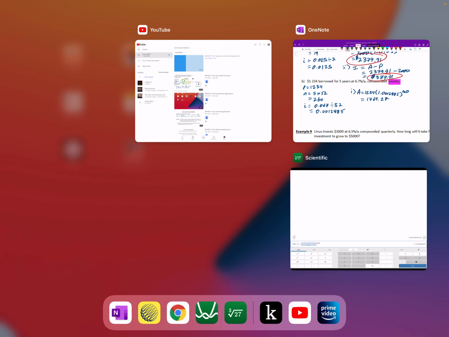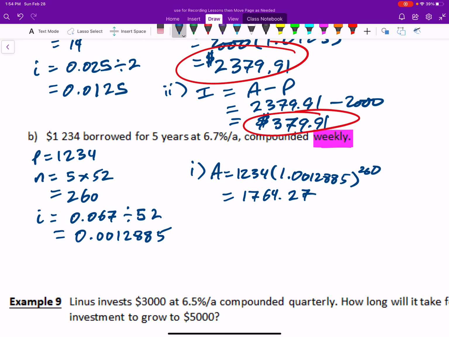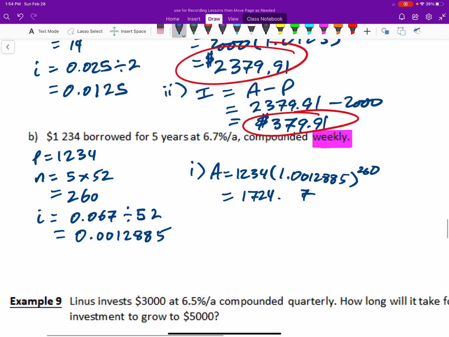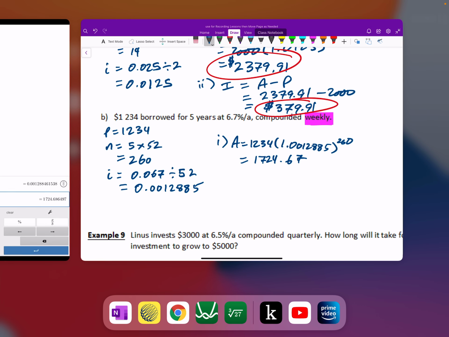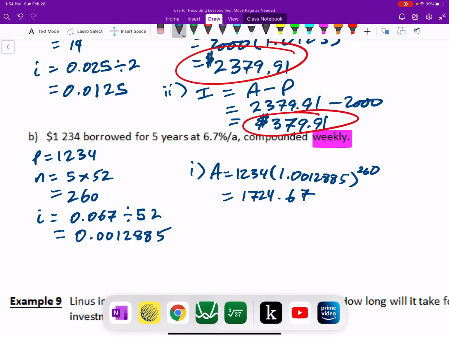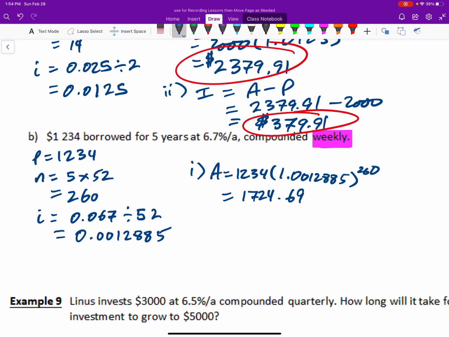I reversed some numbers again. So slippery. Let's see if I got it right this time. 1,724.69. Always good to double check your work. So that's the final amount for part B.